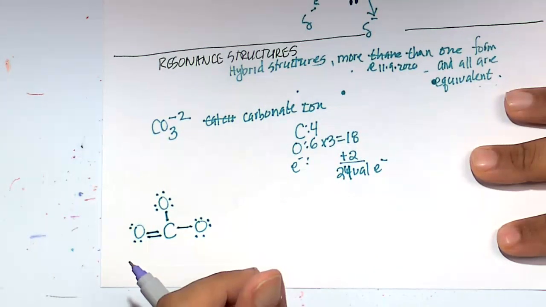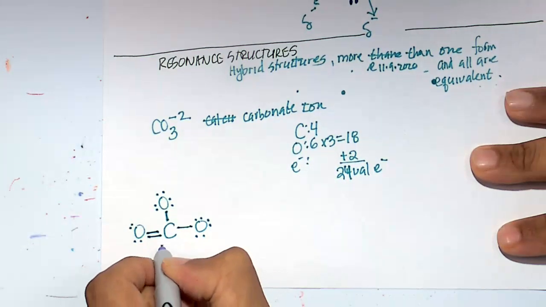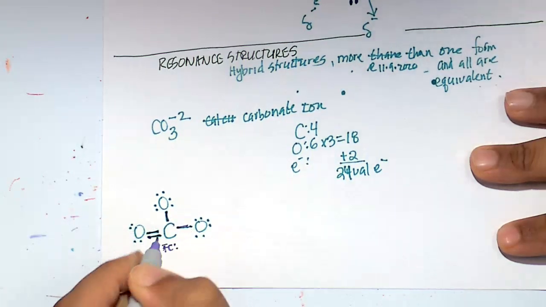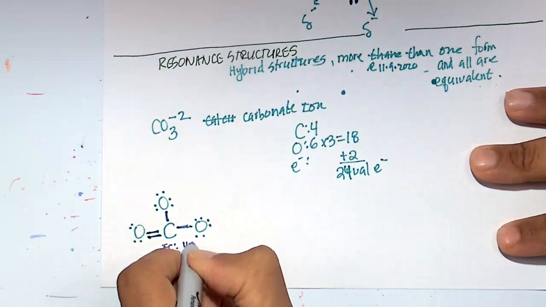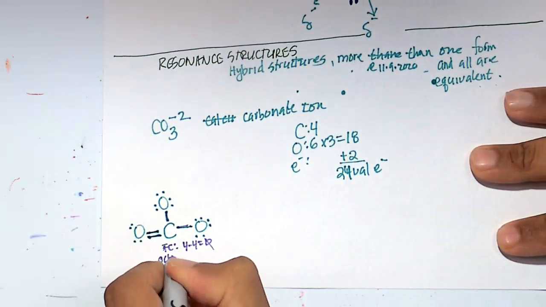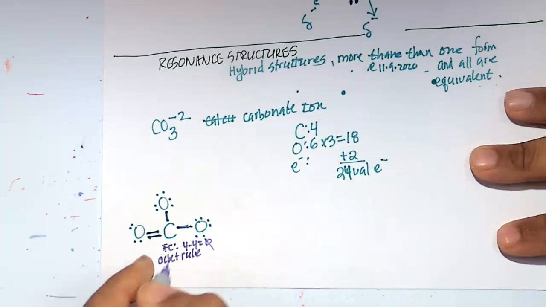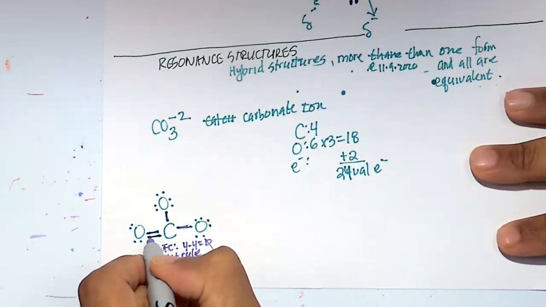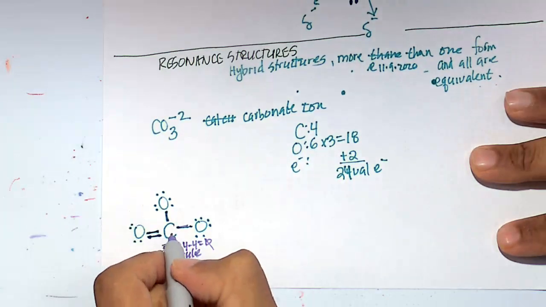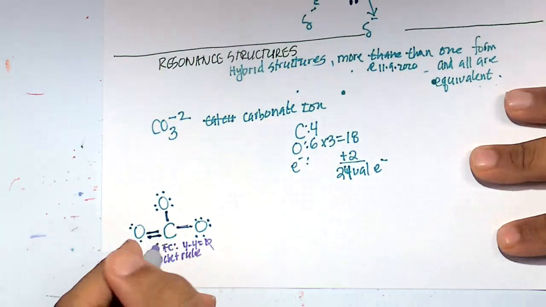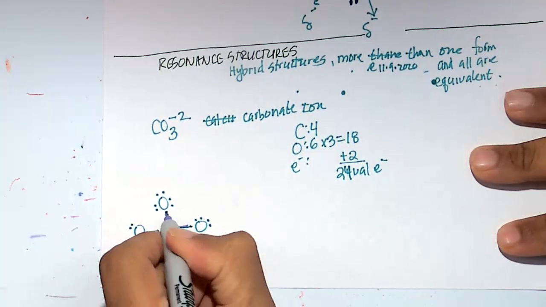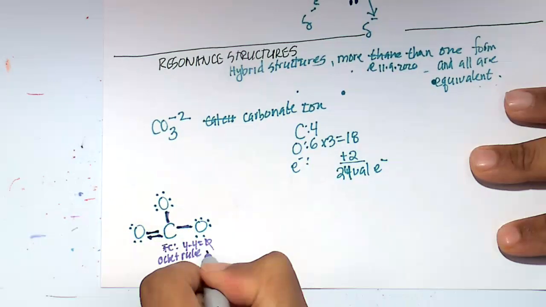Formal charge of this carbon: 1, 2, 3, 4. What is carbon happy at? 4. What's 4 minus 4? 0. Now the octet rule for this carbon, count everything. Everything that is shared gets counted as 1. So this carbon and this oxygen share electrons, but we count them for carbon. 1, 2, 3, 4, 5, 6, 7, 8. The octet rule is good.